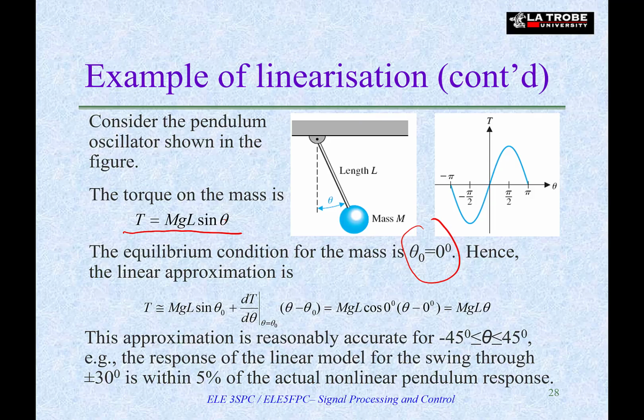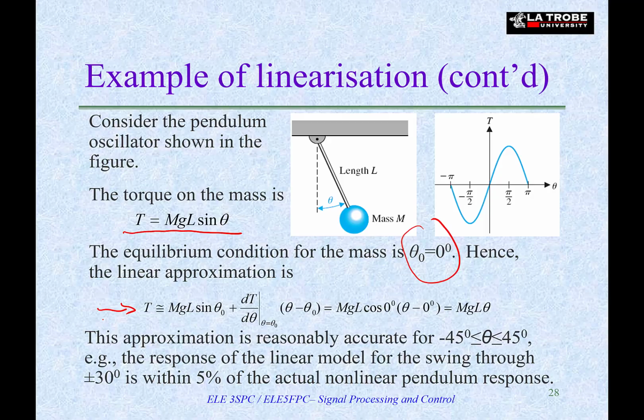And when we use the Taylor series expansion, we only keep the constant term and the first order derivative term. In other words, we delete all the higher order terms, and that is shown by this equation.